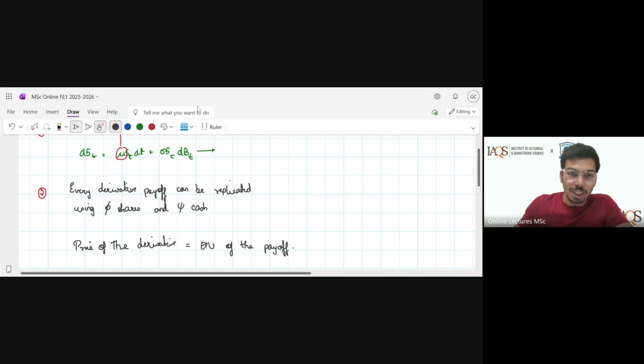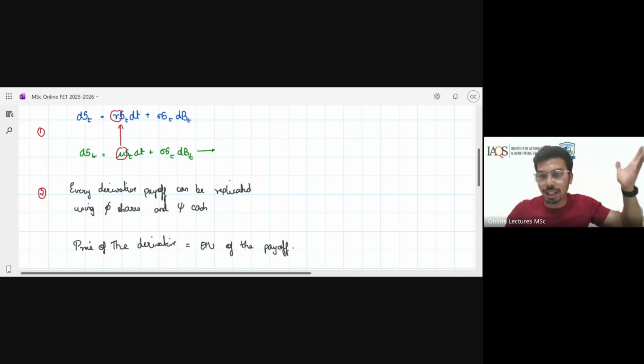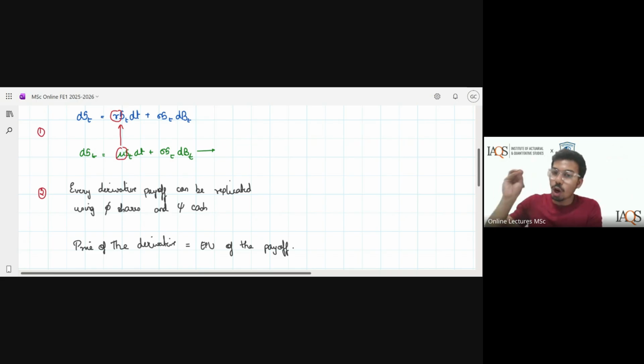Cool. The second objective, as written. If you remember the binomial model, the second chapter, we did 2 approaches: the replicating portfolio approach and the risk neutral probability approach. Under the replicating portfolio approach, we were creating a second portfolio of shares and cash, such that its payoff equals my derivative portfolio's payoff, may it be an up move, a down move, or multiple time steps.